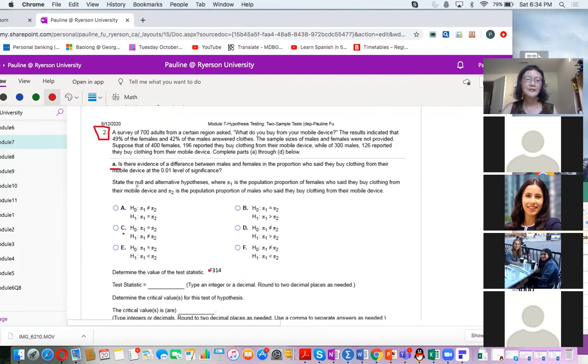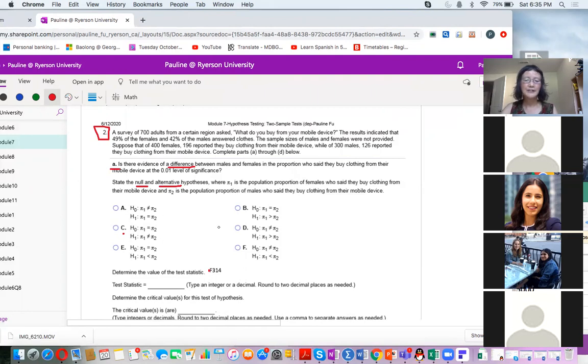The question asks you to state the null and alternative hypothesis. Okay. Here we have a keyword. When you see the difference, usually it is a two-tailed test. And when you look at H1, you should see not equal.